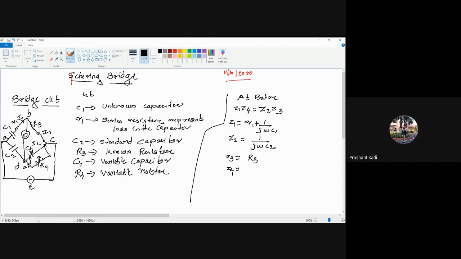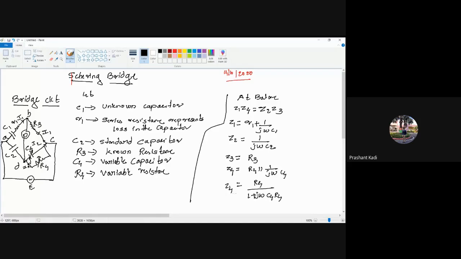R4 is in parallel with 1 by j omega C4. If these two are in parallel, the equivalent is R4 divided by 1 plus j omega C4 R4. Correct, good. This is the value of Z4.